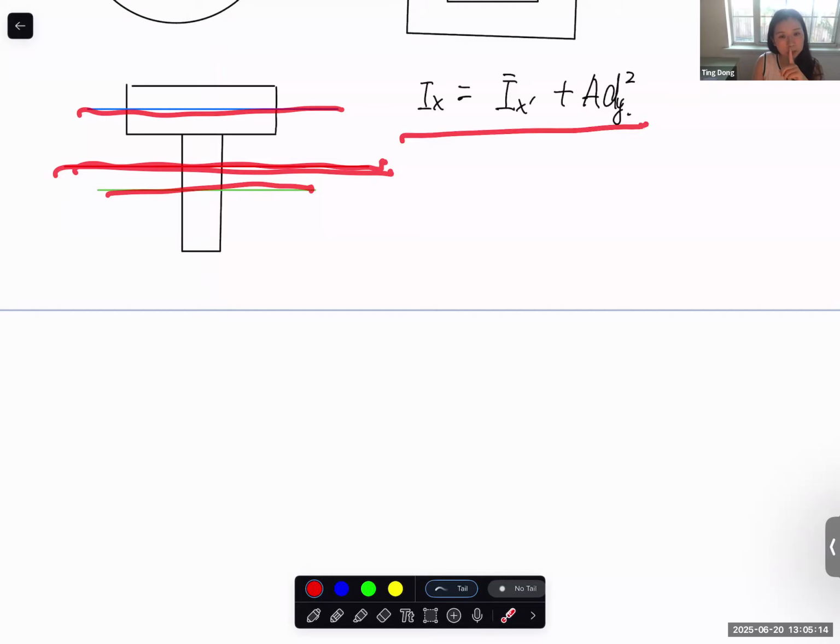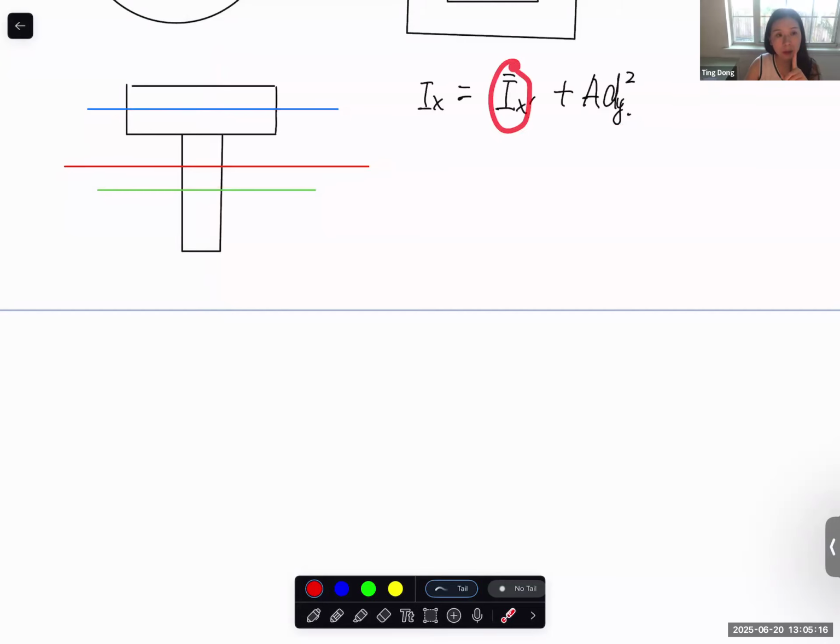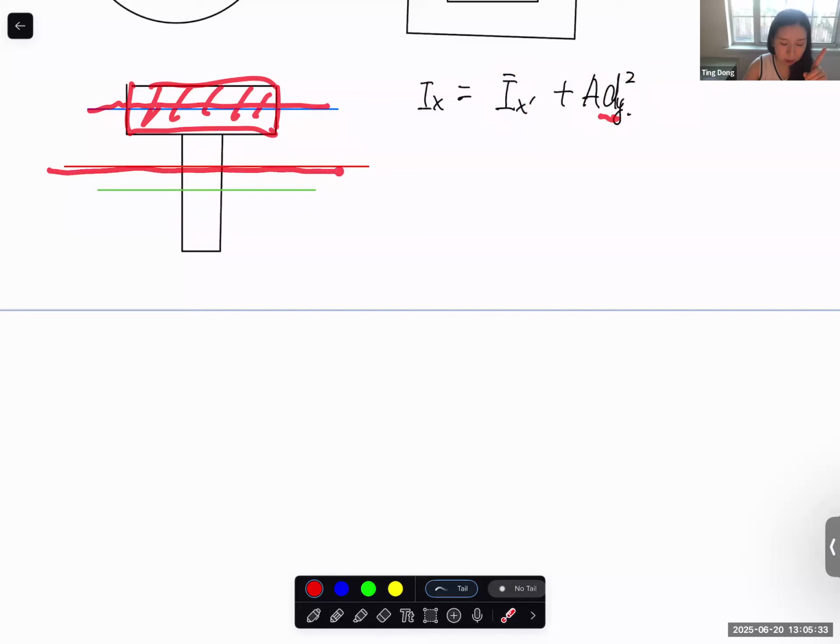And this one is the individual moment of inertia of each section. And this Ad squared becomes, let's say for this part, the A means the area of this one. d is the distance of its own neutral surface to the neutral surface of the entire cross section. So for the horizontal rectangular cross section, this becomes the d.